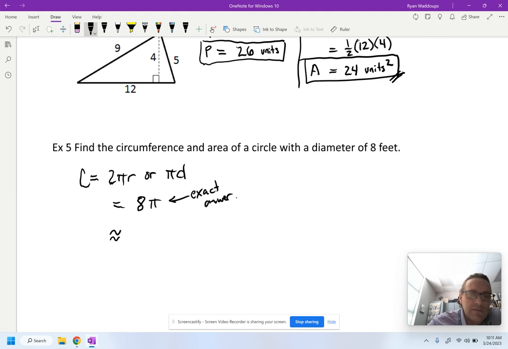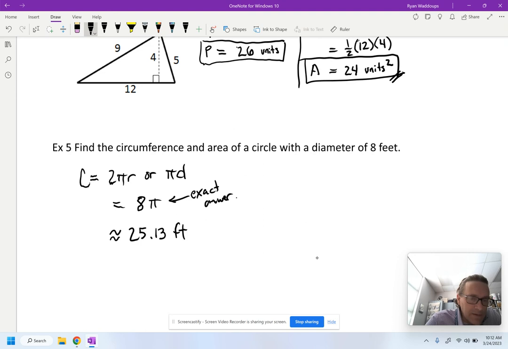But if I approximate, so if I get my calculator here and I type in 8 and then use the pi button and hit enter, I can say that that's approximately 25.13 feet.